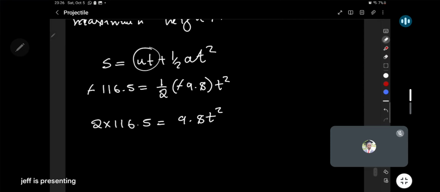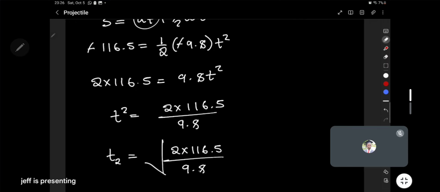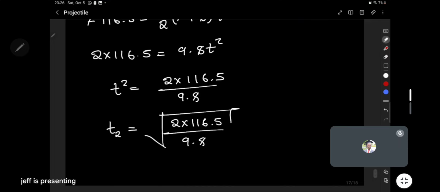Then divide both sides by 9.8. t squared will be 2 times 116.5 divided by 9.8. So t2, just for falling down, is the square root of 2 times 116.5 over 9.8. So here we get 4.88 seconds.